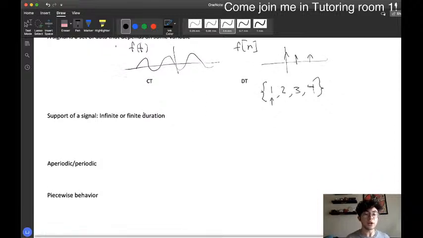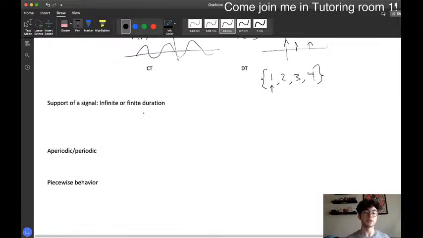In this talk, I tend to like to talk about what's called the support of a signal. I'm not sure if this is a term defined in your course, but essentially, if we have some rectangle, the support of a signal talks about the domain, the section of time where the signal is non-zero. So this would be this subset of the real line.